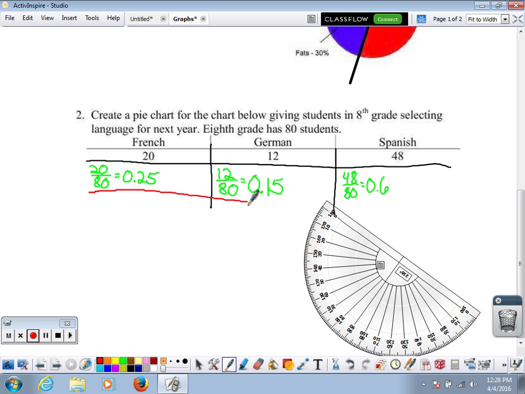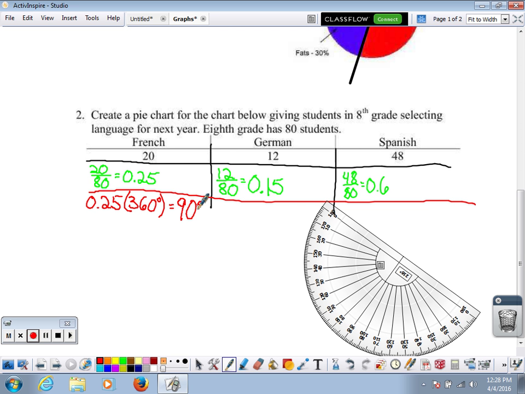What we said we want to do is then take each of those decimals and multiply by 360. So if I take 0.25 and I multiply by 360 degrees, I'll get 90 degrees.